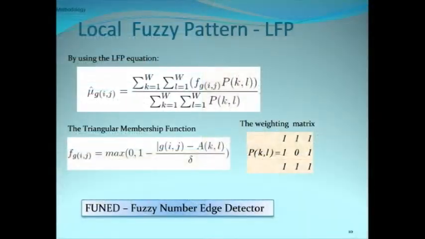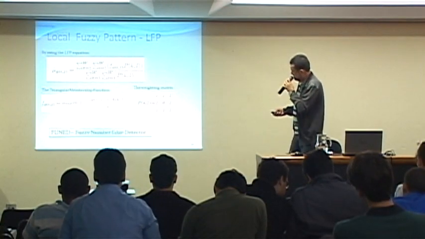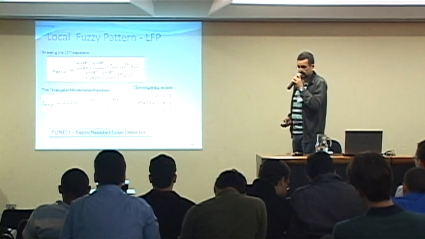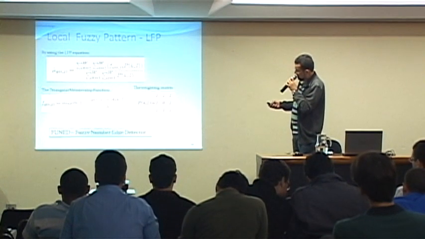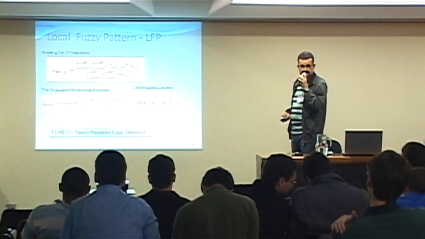By using the LFP equation and the triangular membership function proposed by us and this weighting matrix, we have the fuzzy number edge detector that we proposed in the past.